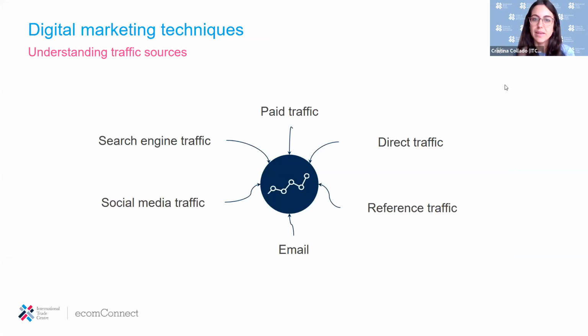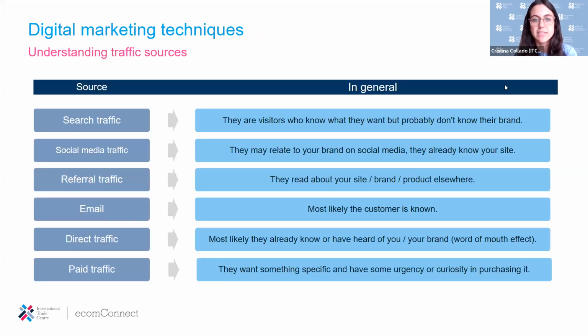So we have paid traffic, direct traffic, referral traffic, traffic through emails, social media, and search engine traffic. Let's have a look at each of them and how this traffic is generated. So to start with, we have search traffic, which is, let's say, the main one.